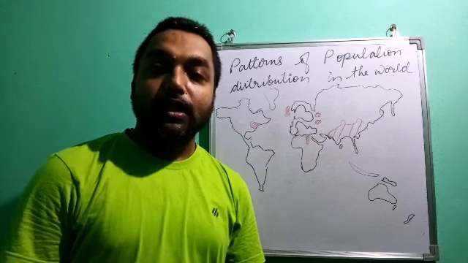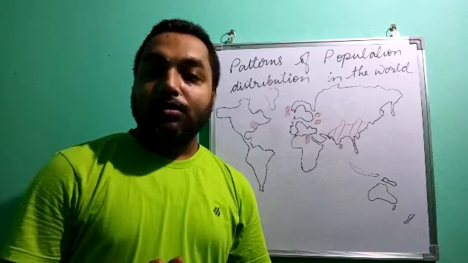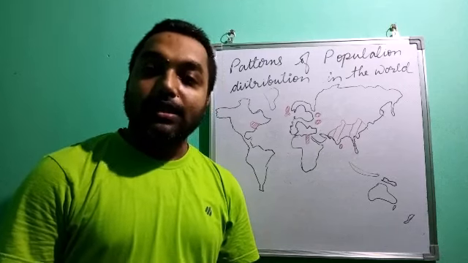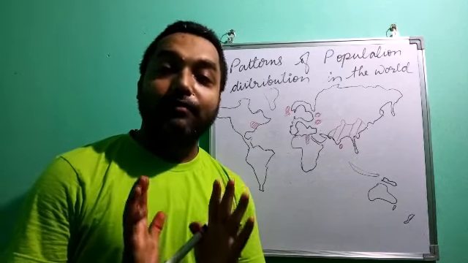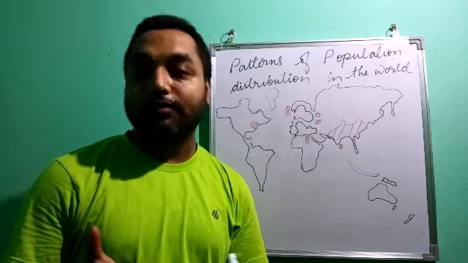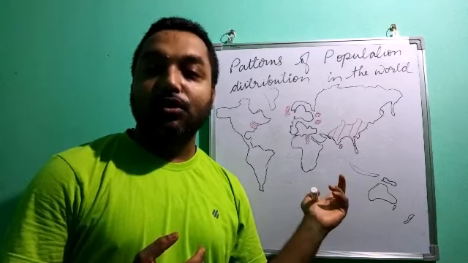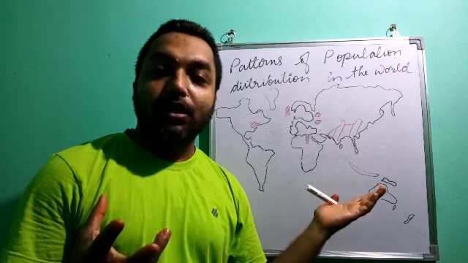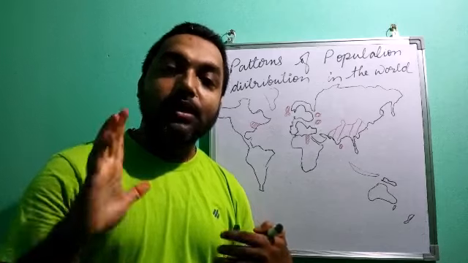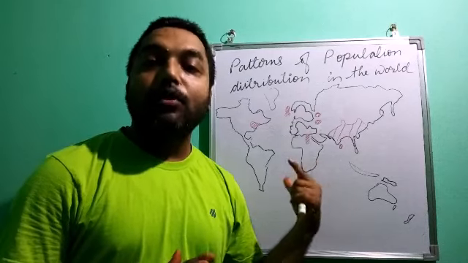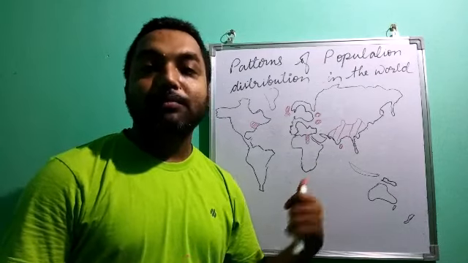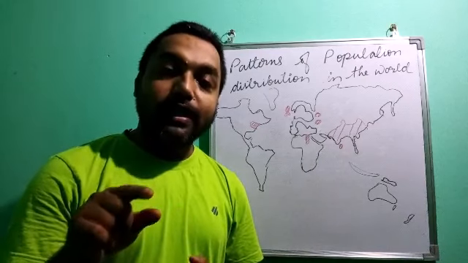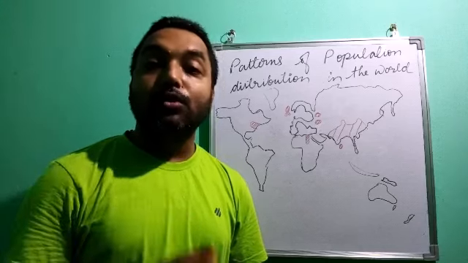So if we see the world map, before going into the explanation of this map, I want to suggest to everyone who wants to pursue or study geography, who wants to understand everything related to geography, it is compulsory to almost memorize the map of the world, which country is where, and also the map of his own country.